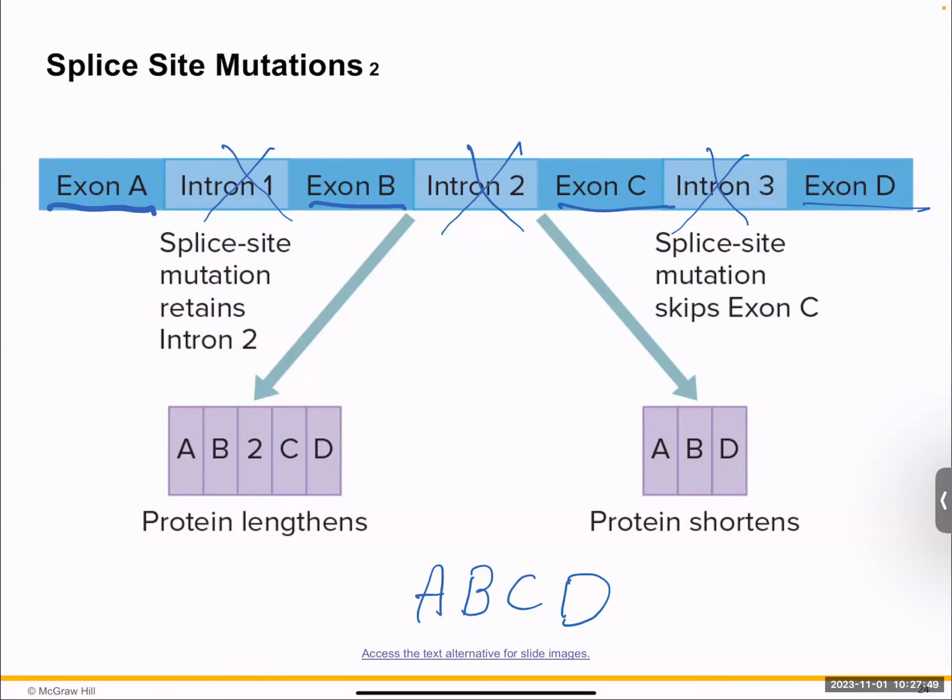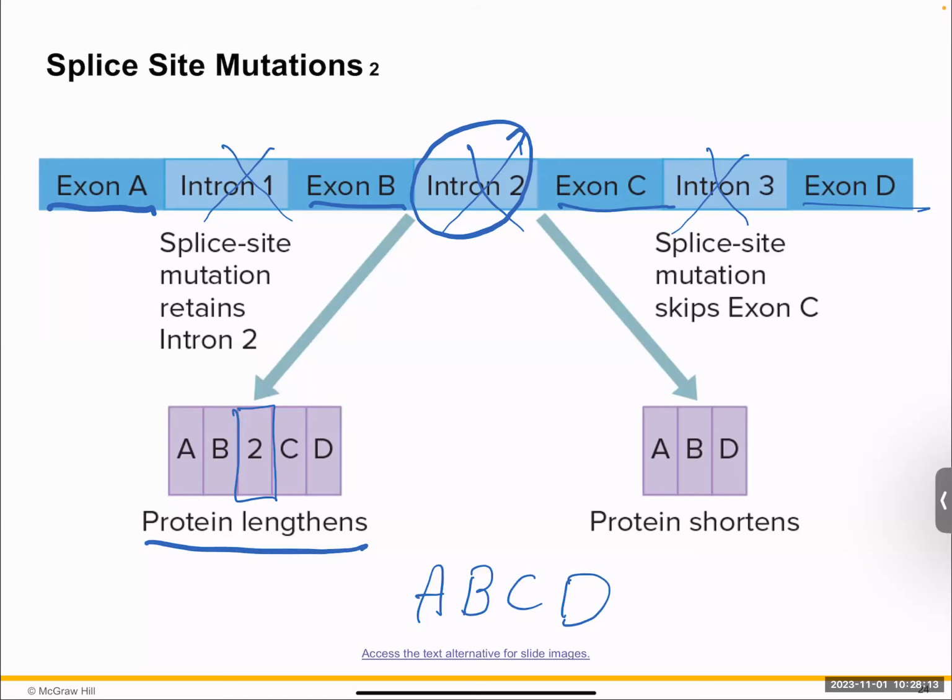In the first example you see right here, where it says protein lengthened, you are keeping one of the introns inside, so intron 2 does not get cut off. So you're going to have A and B, an insertion of the intron here, and then C and D. Because of that extra piece of intron in there, your protein is going to be longer and probably non-functional.